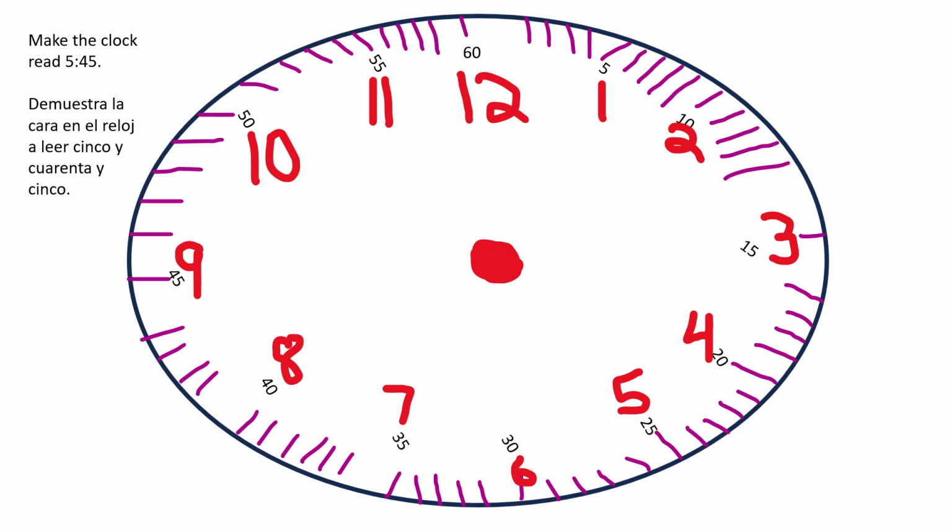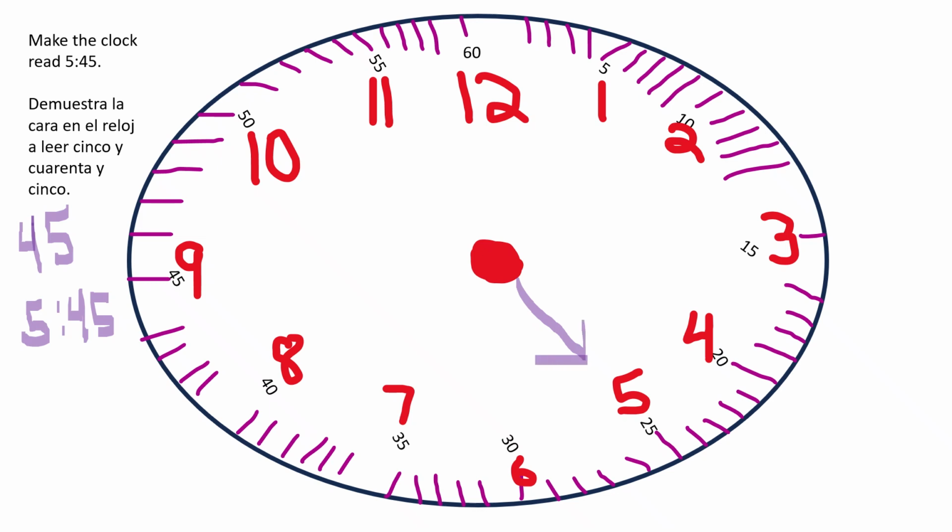Now this is also for the Spanish class. Te muestro la cara en el reloj a las 5:45. So 40 is 45. And they're asking you to make it say 5:45. So you put your 5 here, make it a shorthand, and make this really short.